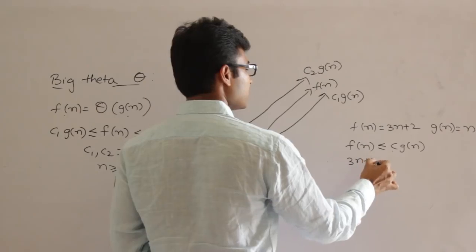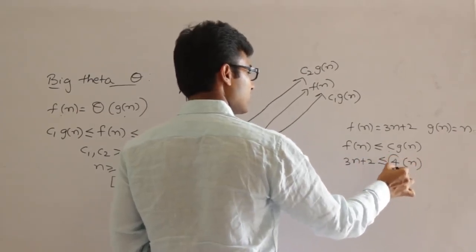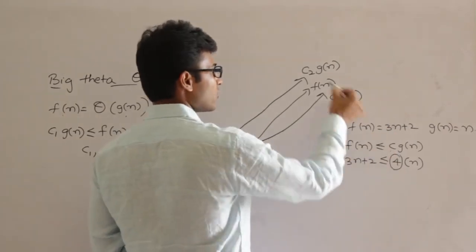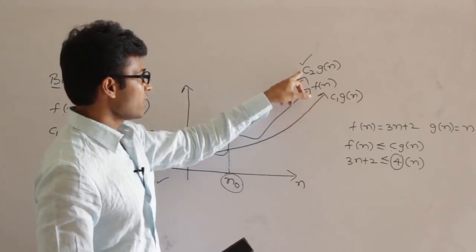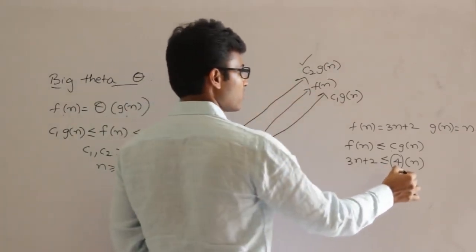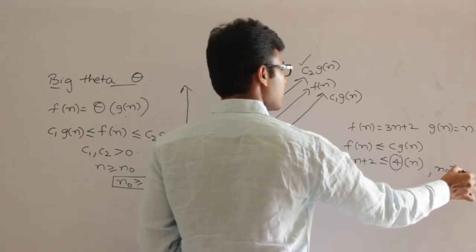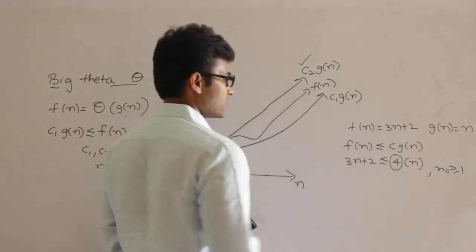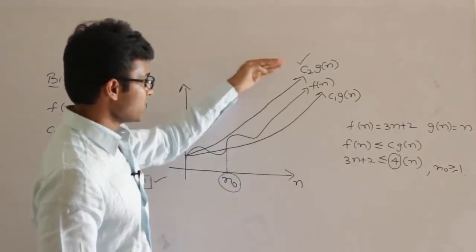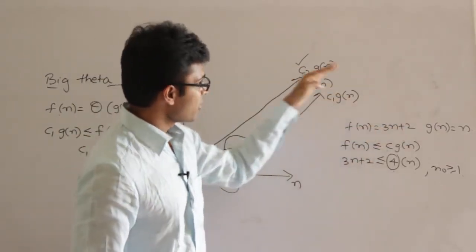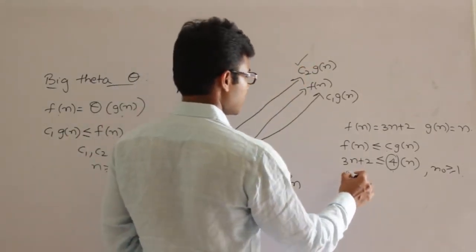If I have this 3n plus 2, it is less than or equal to 4 into n, where c2 equal to 4, which means I can find out the upper bound for the function f of n when I substitute 4 in place of c2, right? And this is valid for all n naught greater than or equal to 1. This is valid, isn't it? So always 3n plus 2 is less than or equal to 4n, which means g of n can be an upper bound for f of n, and let us see if it is a lower bound as well.